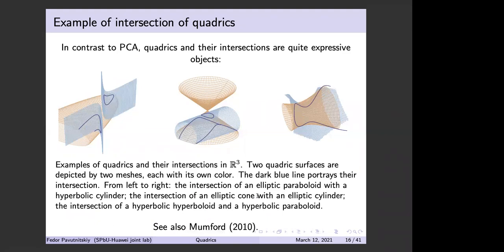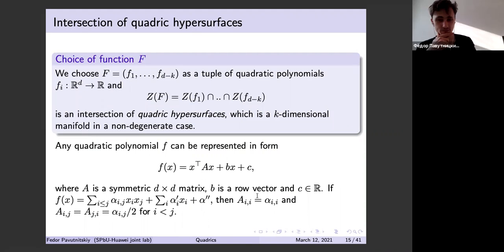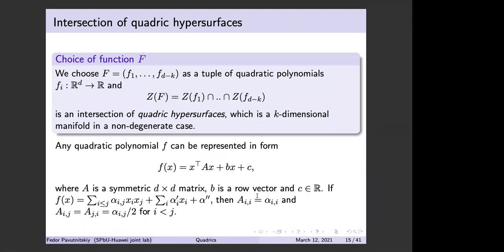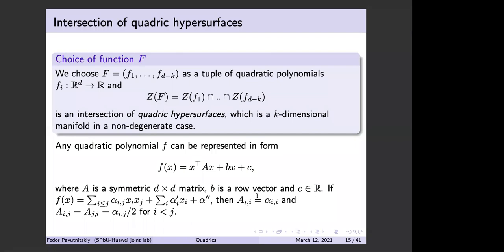Fedor, may I interrupt, on the previous slide? Sure. Yes, the typical dimension, as I remember, is 500. Yes. Then the space of parameters, as I see it here, is 25,000 or around this.